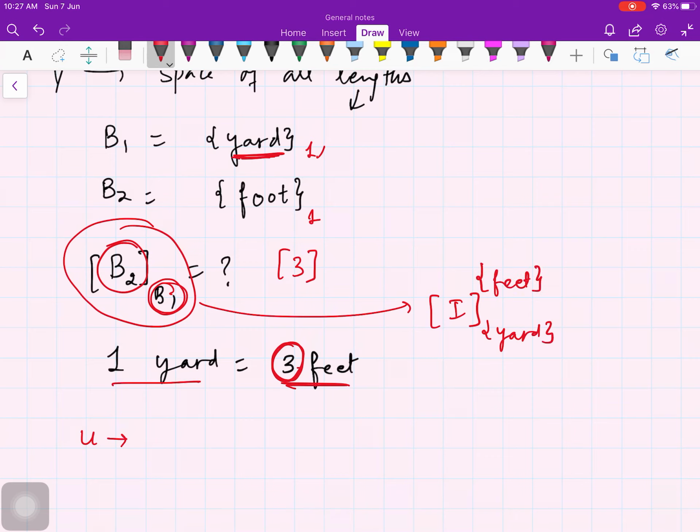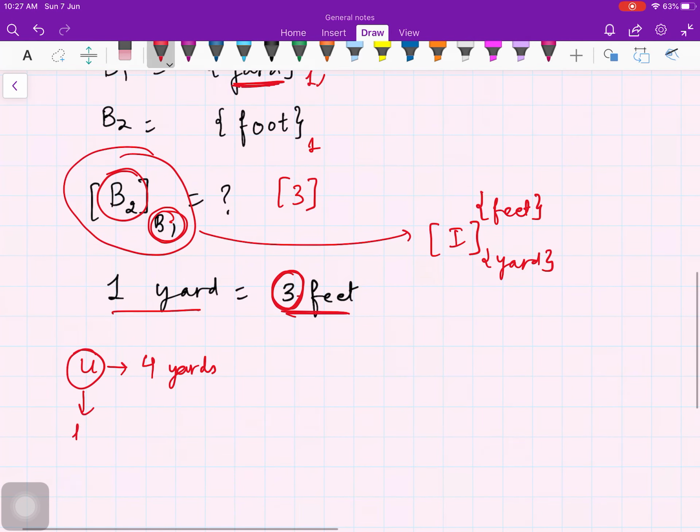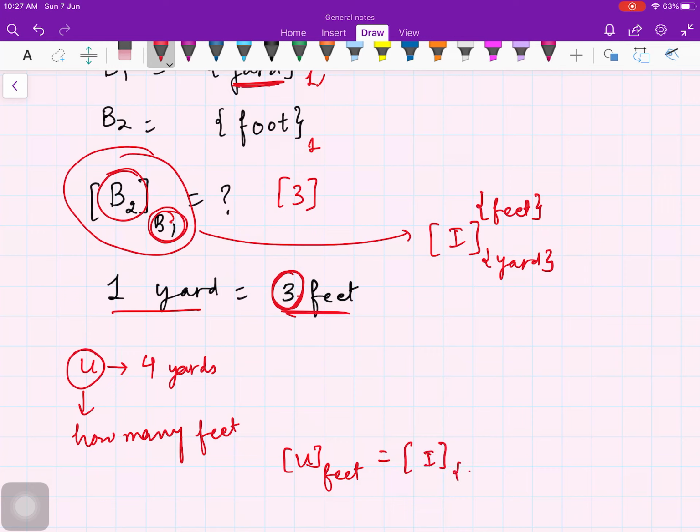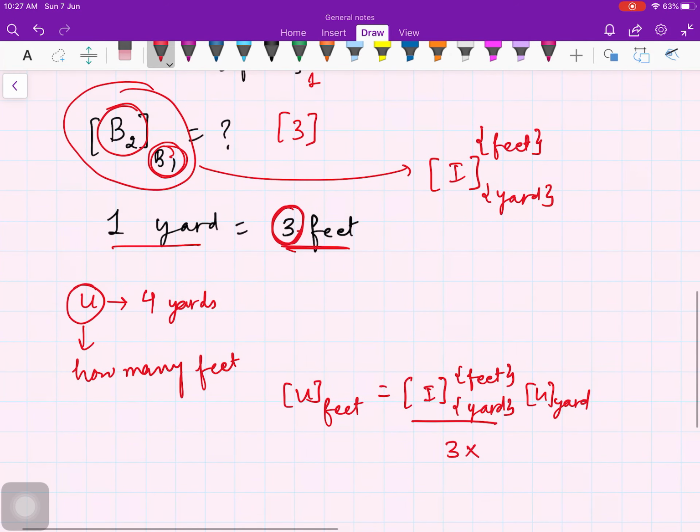Clear? Now suppose you have a vector u which is, say, 4 yards, and I want to know how many feet. For that, u in feet will be the identity map from yard to feet into u in yards, and this is 3 into 4, so this is 12.